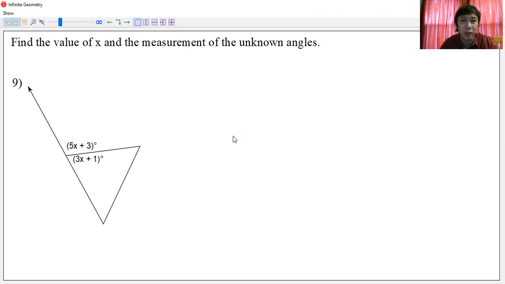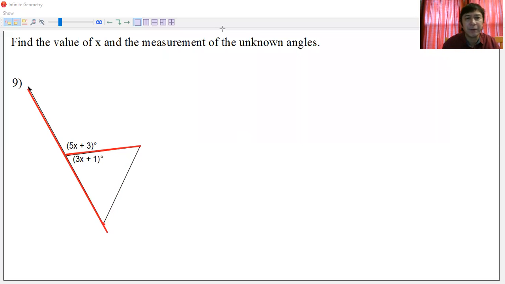Okay, observe the figure. You have a straight ray here and a straight segment over there. You also have a straight segment here, but that's immaterial. It doesn't affect our solution.